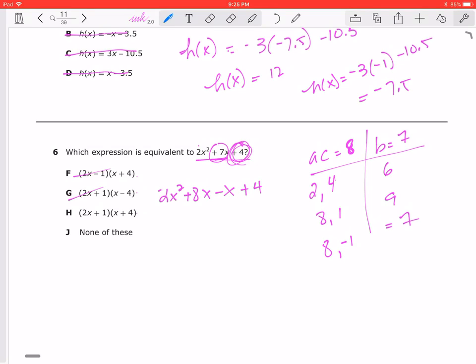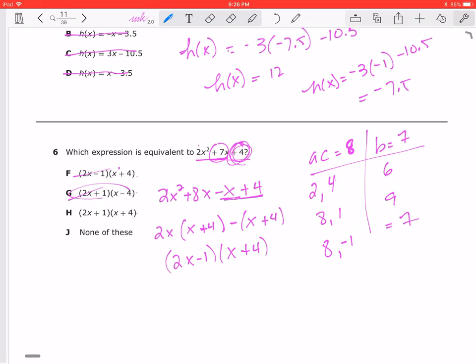Now, pulling out the factors, I can pull out a factor of 2x, and that will leave me with x plus 4. Now, in order to pull out an x plus 4 here, I'm going to need to pull out a negative number, so that gives me x plus 4 inside the parentheses. So that would be 2x minus 1 times x plus 4.